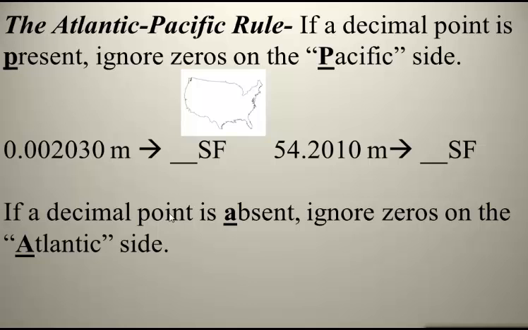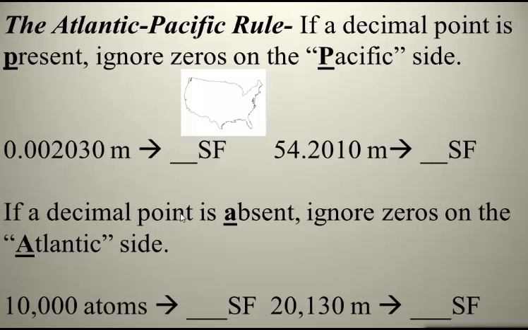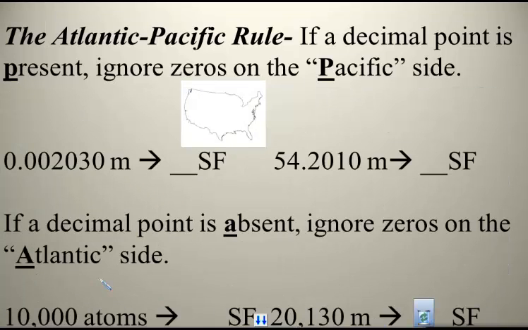If the decimal point is absent, ignore the zeros on the Atlantic side. So, as we look at these 2 examples, the Atlantic side is on the right-hand side. So I'm going to ignore these zeros on the right-hand side. Act like they're not there. Well, they're there. They're placeholders, but they're not significant.